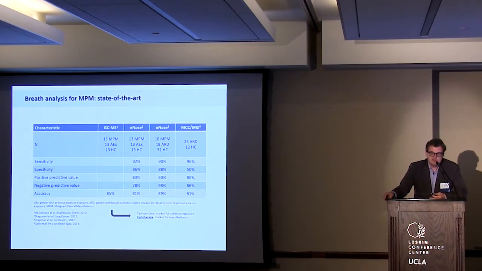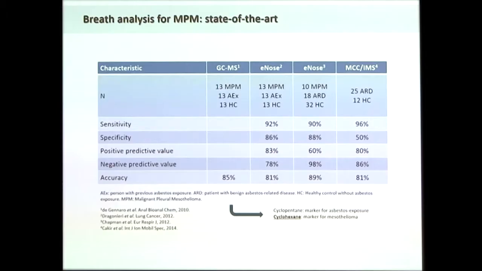They could discriminate mesothelioma from those patients with 85% accuracy, and they found 2 markers responsible for the discrimination. They found cyclopentane as a marker for the asbestos exposure, but most importantly, cyclohexane was able to discriminate mesothelioma patients from those with asbestos exposure.